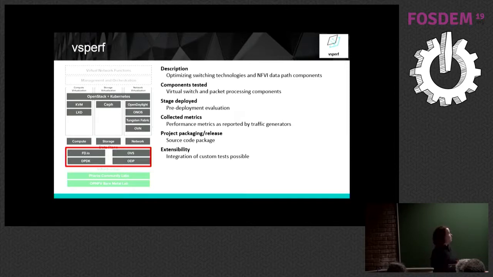It's generally run in a pre-production environment and actually has been responsible for the development of two new standards that came from its actual implementation. So there is vSwitch performance benchmarking.